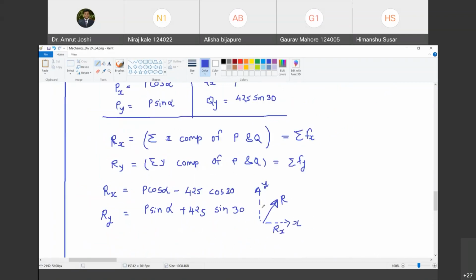This is Rx, let us say, and this is Ry. मैंने intentionally आपको ये दिखाया है. This is x component and this is y component. इन दोनों की addition ये R है.